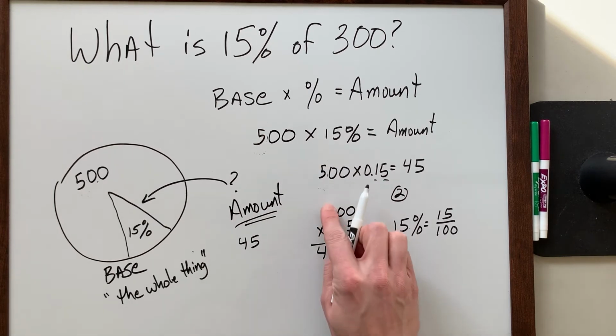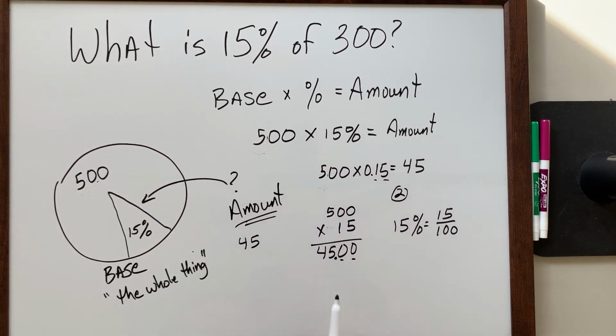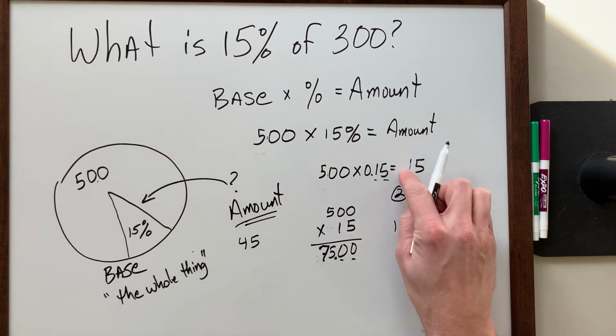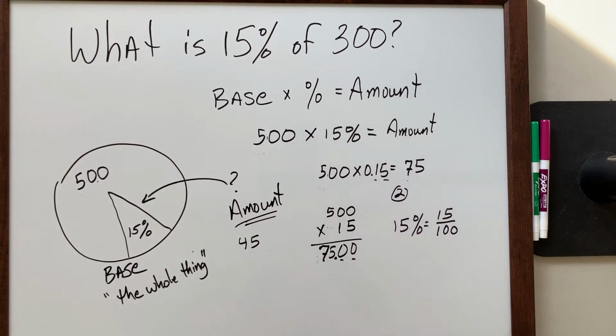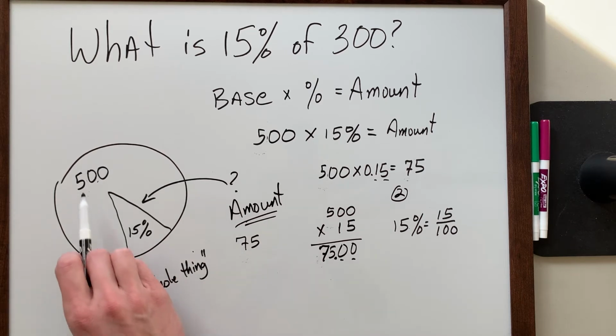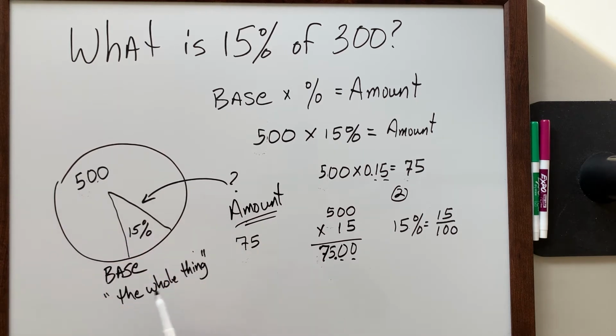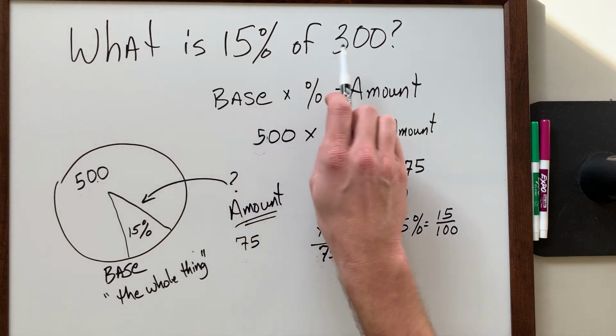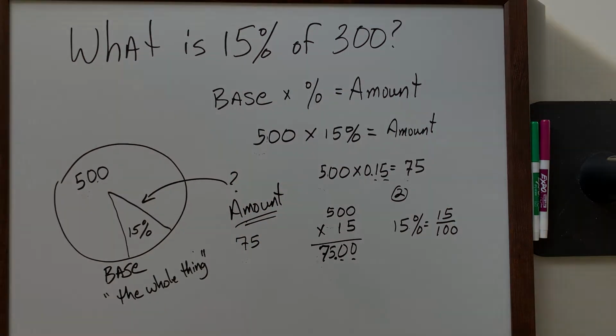And the math down here changes to 500. 5 times 15 is 75, which means that now 75 is my amount. Okay? What happened here is the base changed, the percentage did not, and so 75 is 15% of 500, just like 45 in the previous problem 45 was the 15% of 300.